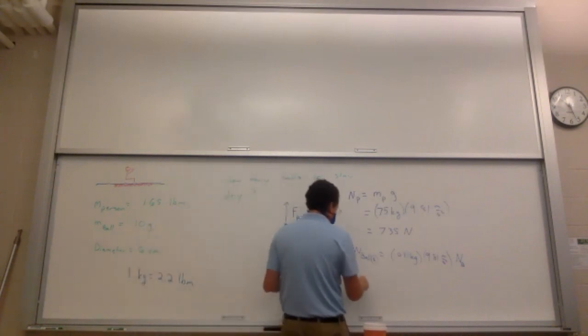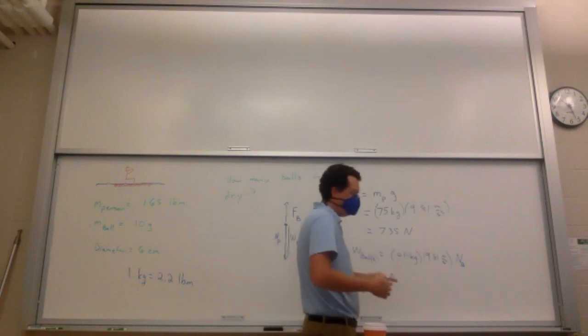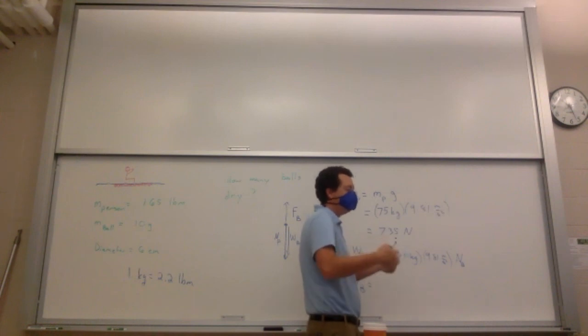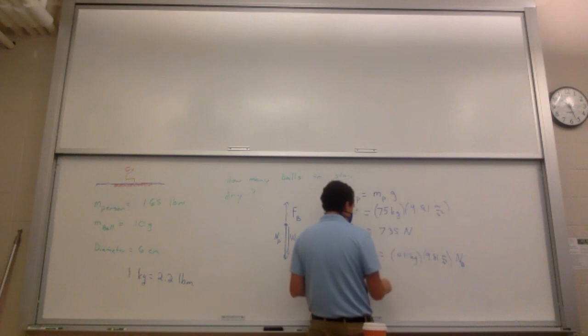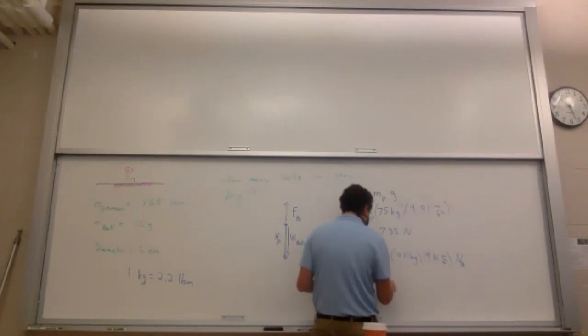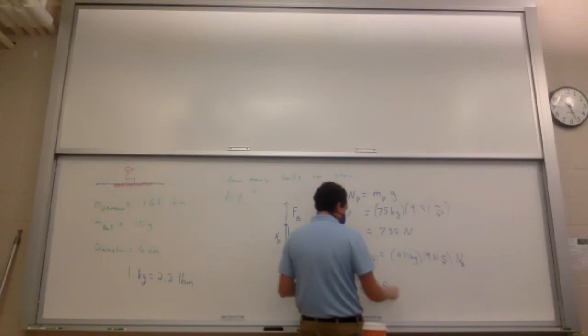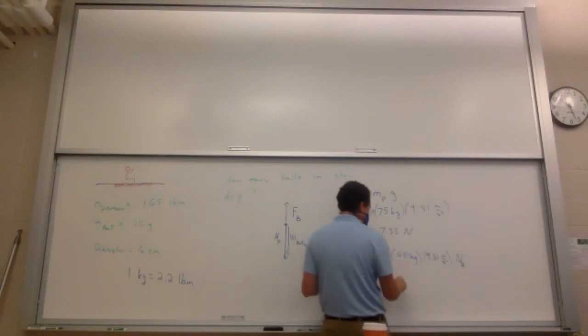All right, so the buoyancy force evaluates numerically to the same as the weight of water pushed out of the way. So it'd be the density of the water, which is 1,000, times the volume displaced.